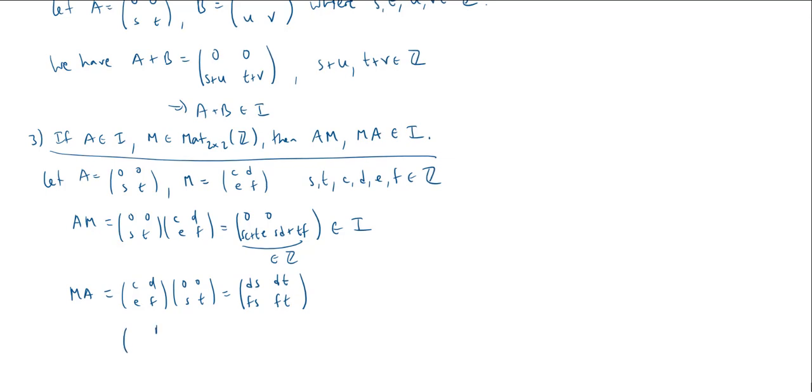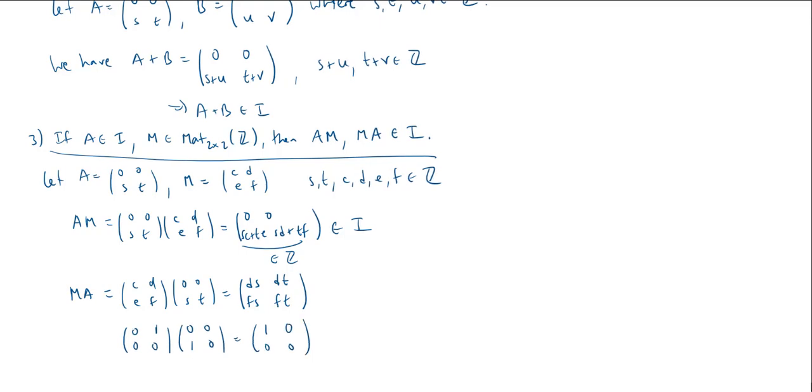And then I need S and T, at least one of those to not be 0. If I make my S equal to 1, and my T, it doesn't even matter, because now I'll have a 1 in that top position. There's my DS. Does it matter what I put anywhere else? Not really. I put 0, 0, 0, 0, and then the product is going to be 0, 1, 0, 0, 0, 0.